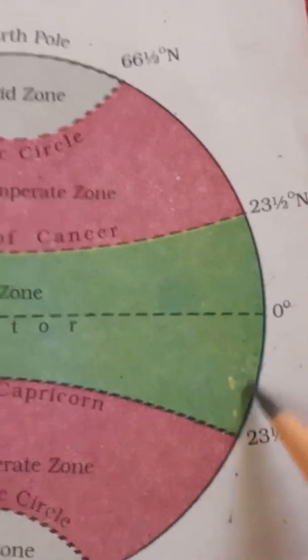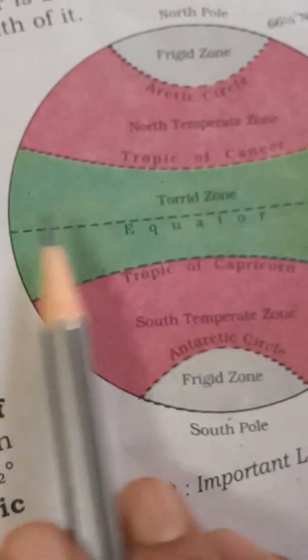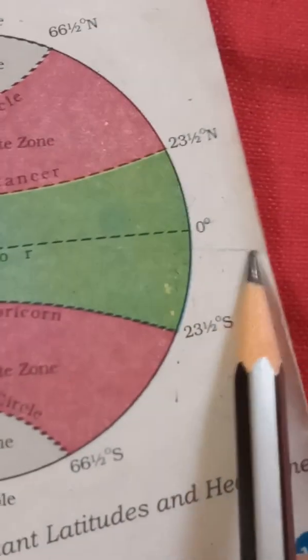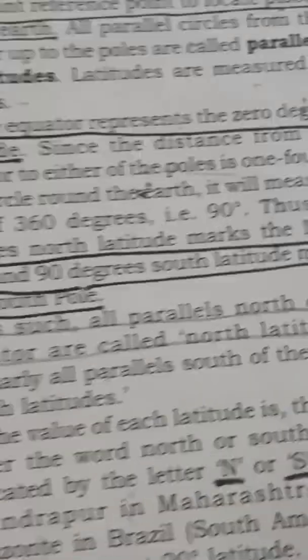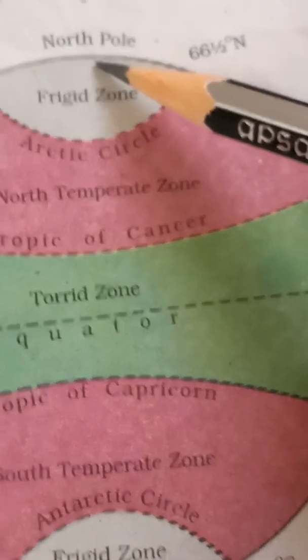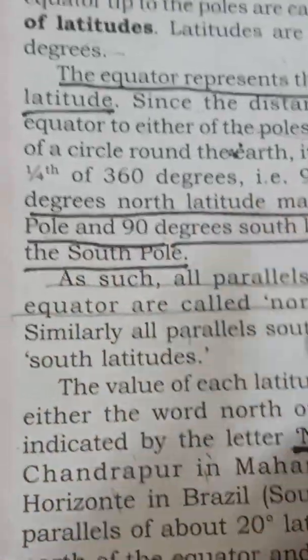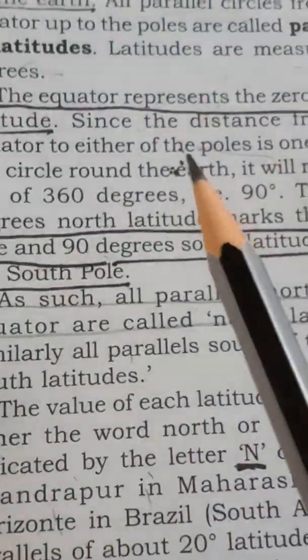From equator to the northern hemisphere we have 90 latitudes, and to the southern hemisphere we have 90 latitudes. Equator is actually our reference point.